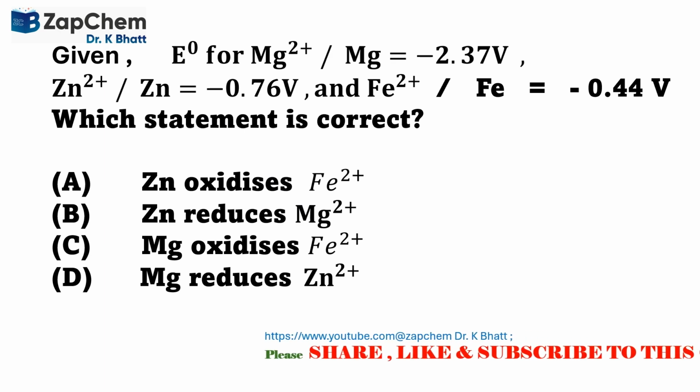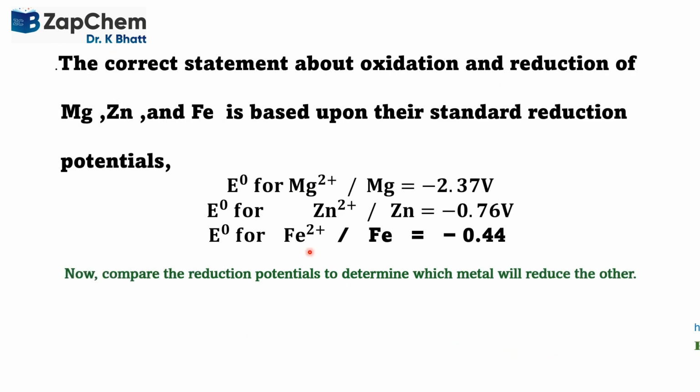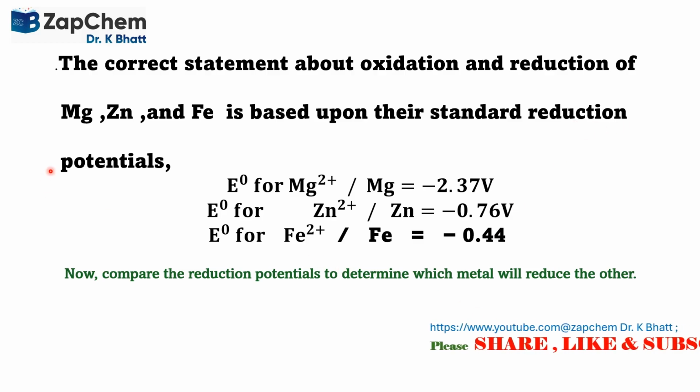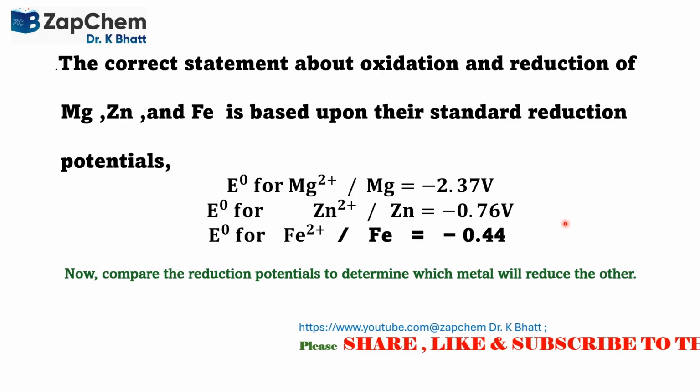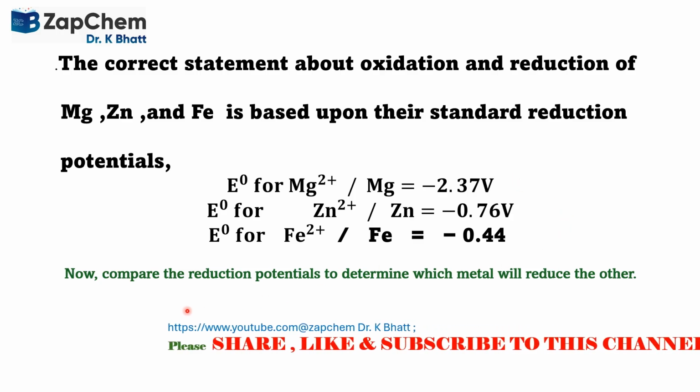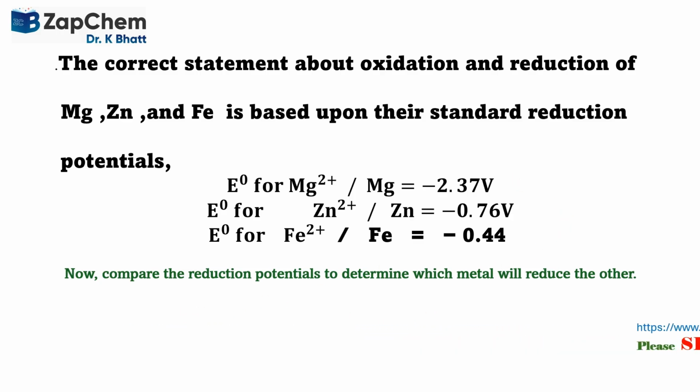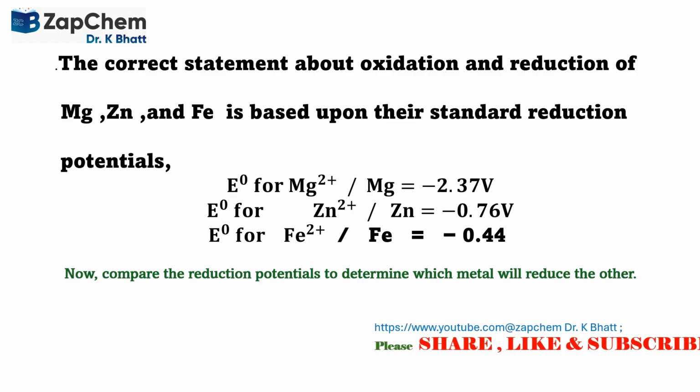And accordingly, we find the correct statement about the oxidation and reduction of Mg, Zn, and Fe based upon their standard reduction potential, and therefore we need to compare which metal will reduce the other metal.